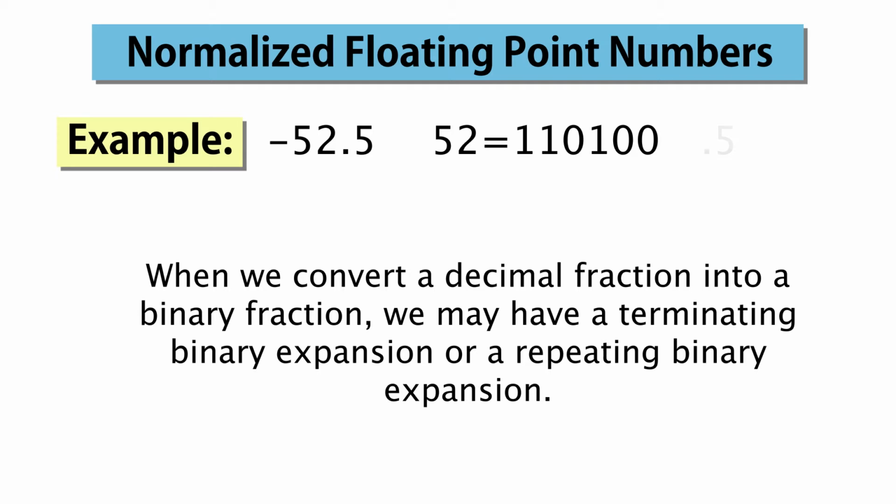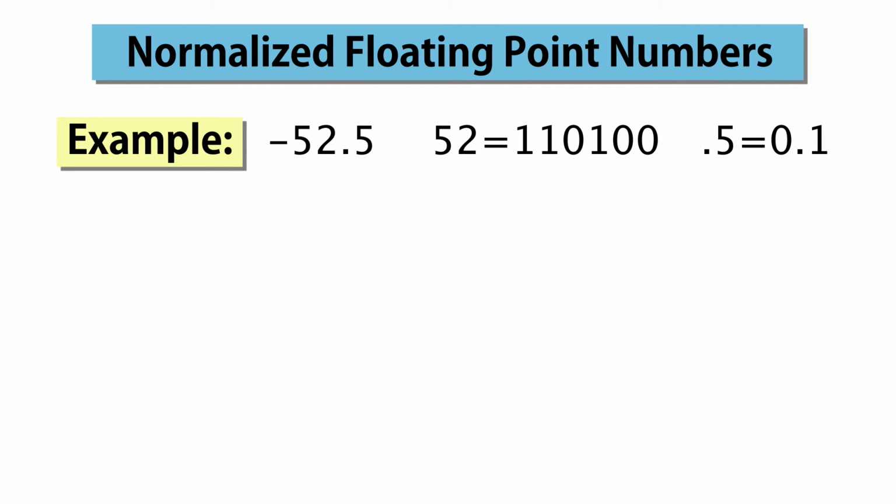In this case, decimal 0.5 or 1/2 is equal to binary 0.1. Putting the two parts together, the binary equivalent of minus 52.5 is minus 110100.1.